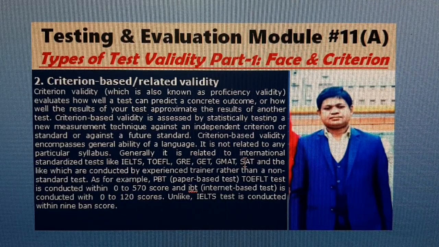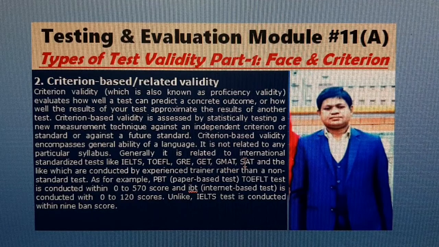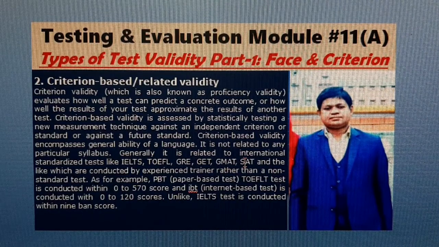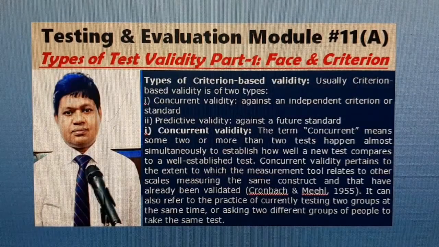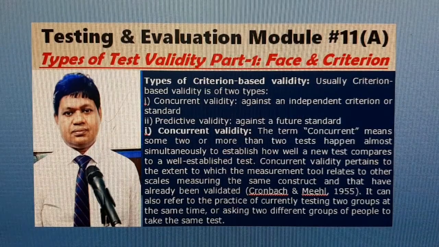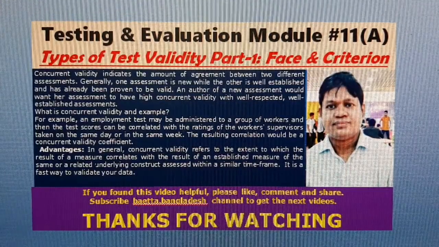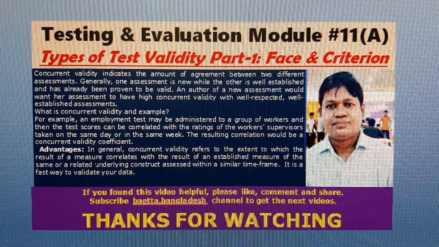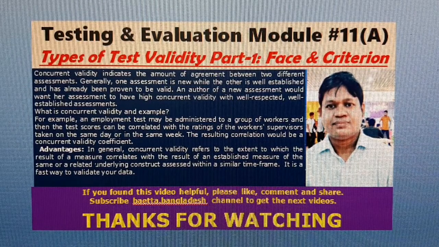It can also refer to the practice of currently testing two groups at the same time or asking two different groups of people to take the same test. Concurrent validity indicates the amount of agreement between two different assessments.